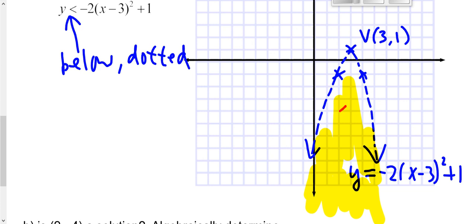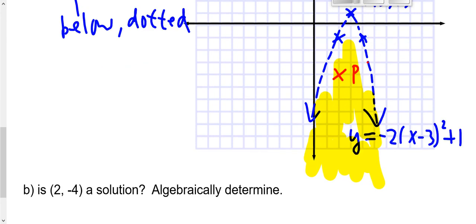So 2 and negative 4. If you want, call that point P. Doesn't matter what you call that. Is that a solution? If you look at this graphically, definitely this point 2 and negative 4 is in the shaded region or the highlighted region. So definitely it is a solution.